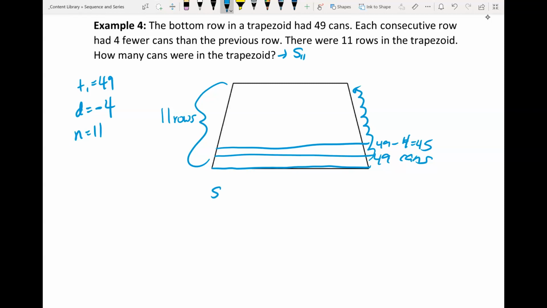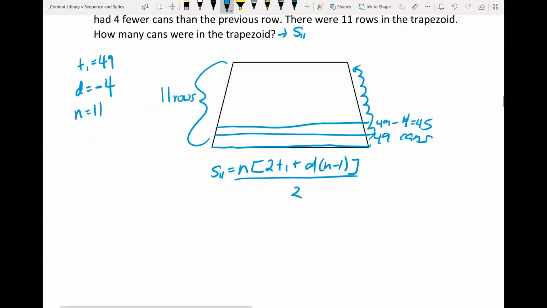So here's our formula. And I'm going to use the second one just because I've been given a D and I have to use that. And I don't have any idea what Tn is. Okay, so this is the formula I'm going to use. So N is 11. Our first term is 49.